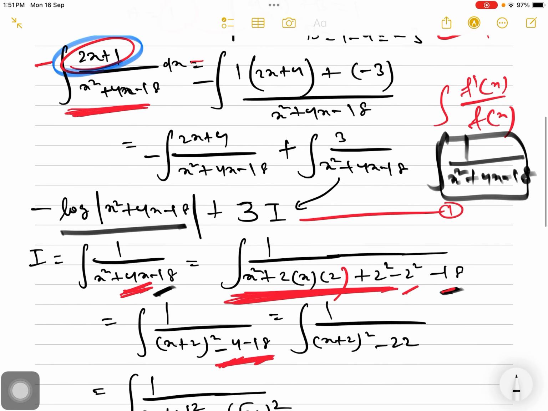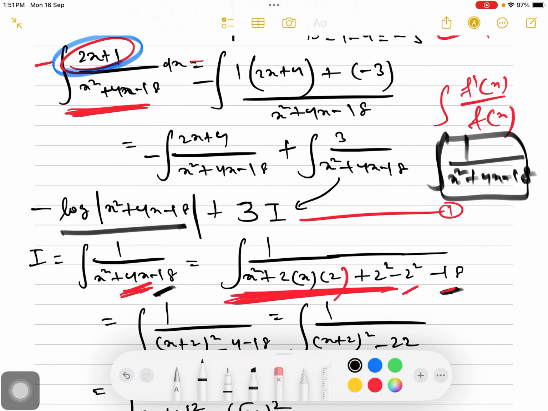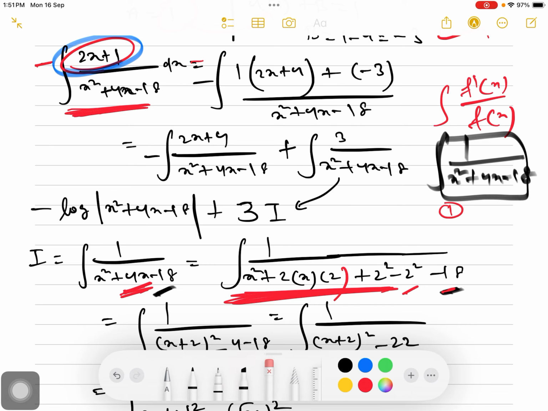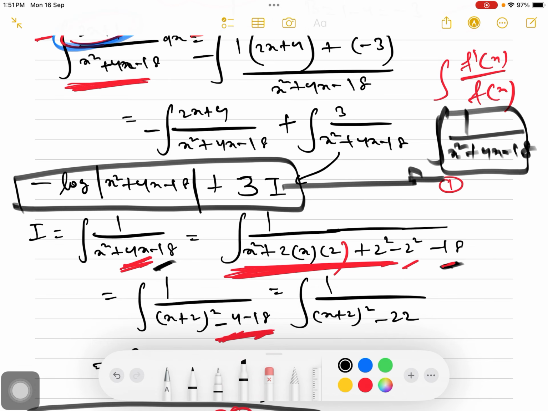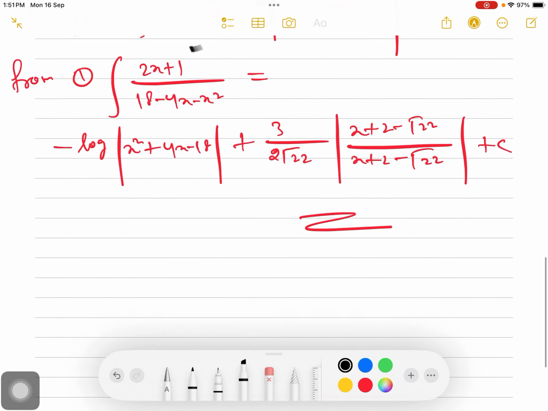So now here we have to put the values. See, this was our first equation where we have supposed that I. This is our first equation: minus log x square plus 4x minus 18 plus 3 into I. So that I value we have just got, that value we have to put.